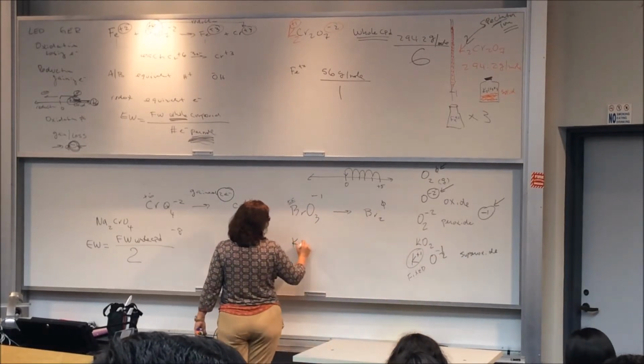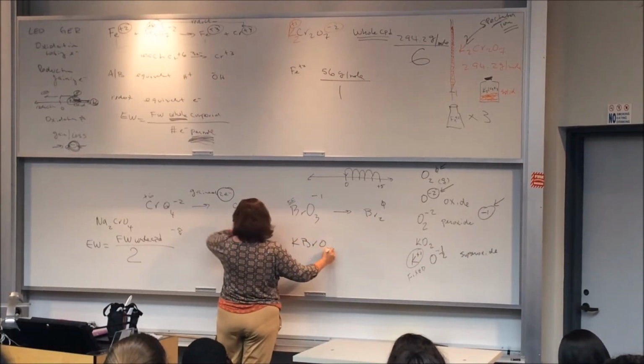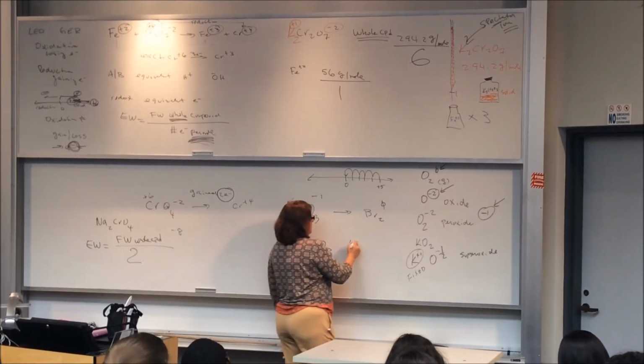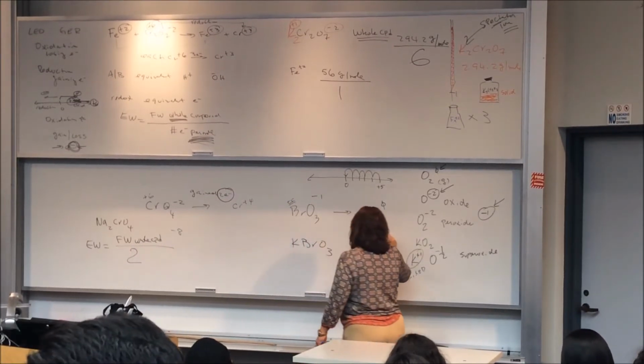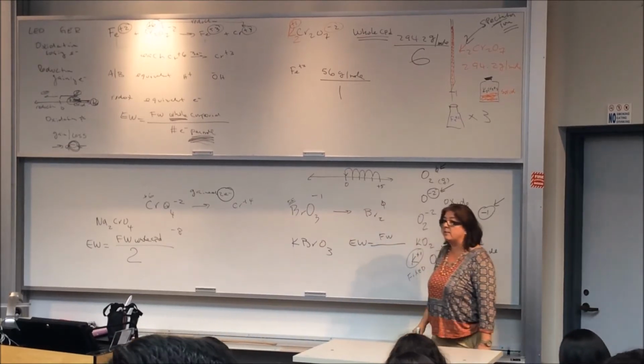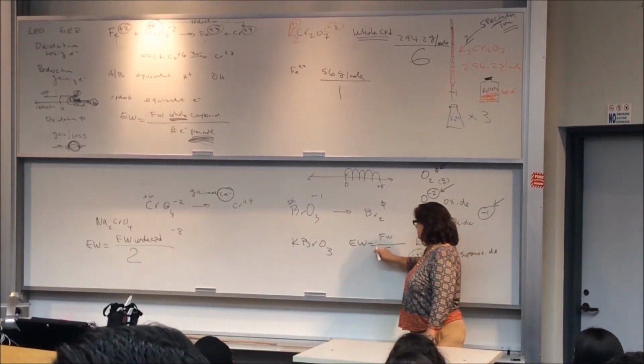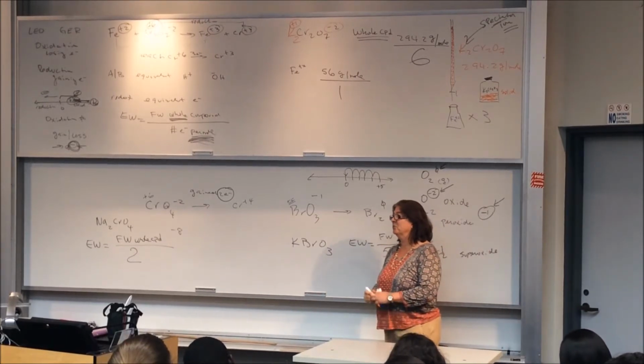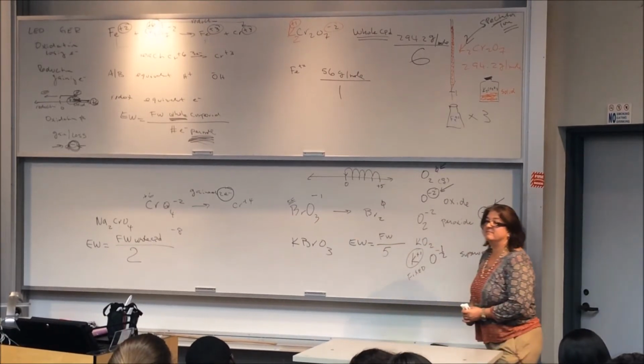So, for example, what if it had been potassium bromate? What's the equivalent weight? The equivalent weight will be equal to the formula weight for the whole compound divided by 5.